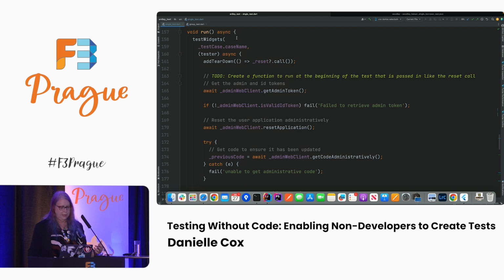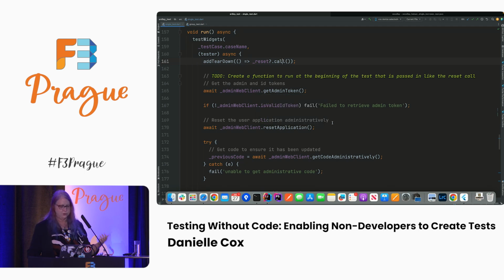And I'm adding this tear down, which is passed in from the actual part I'm testing, when I create that test. But in my case, since I'm doing this end around of the app to get certain things, to reset the app, things like that, I have to get my credentials.